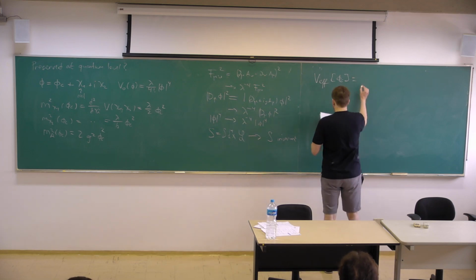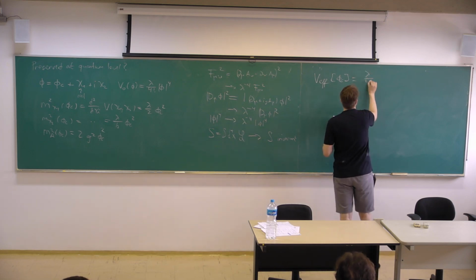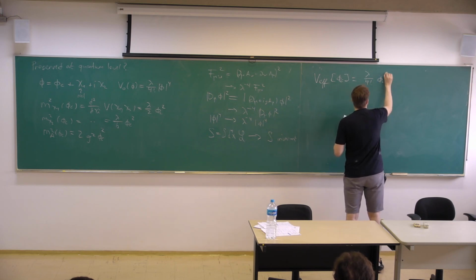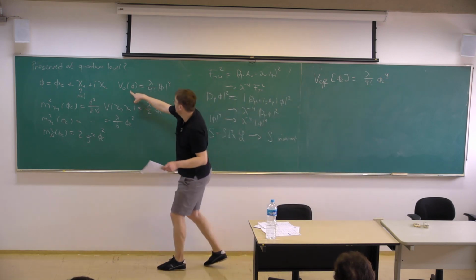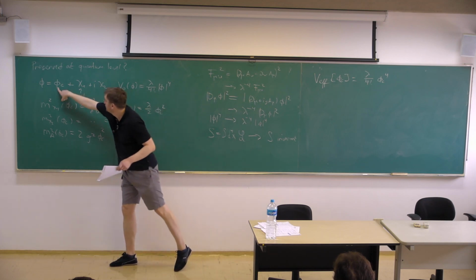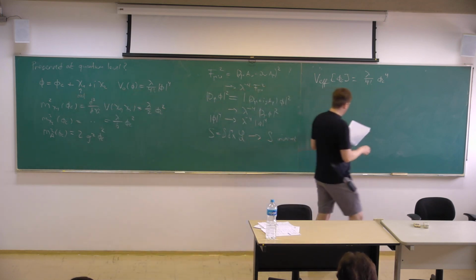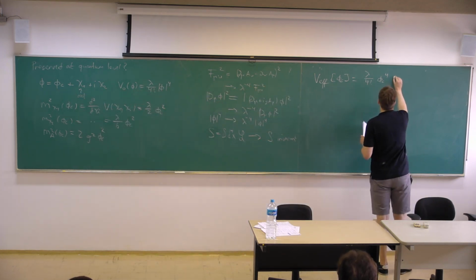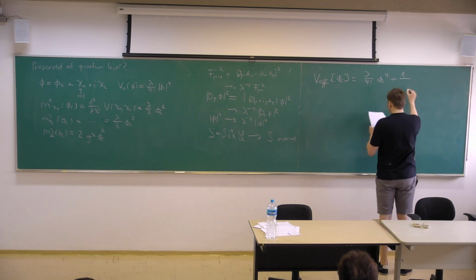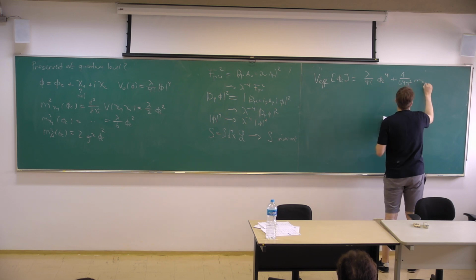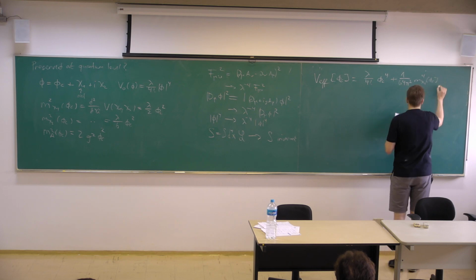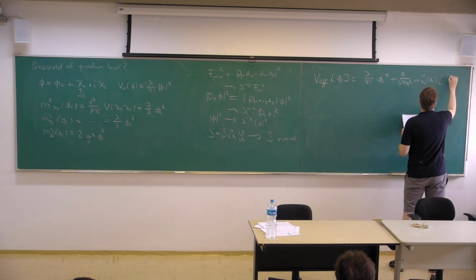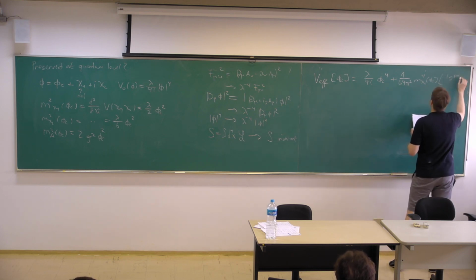So I have the tree level contribution, which is just this piece if I keep this term here. And now I have three one-loop corrections.